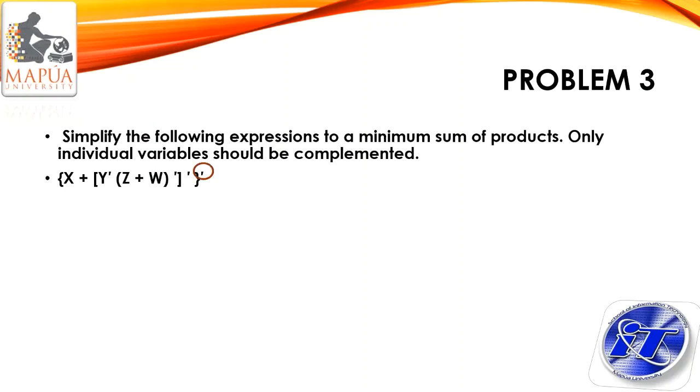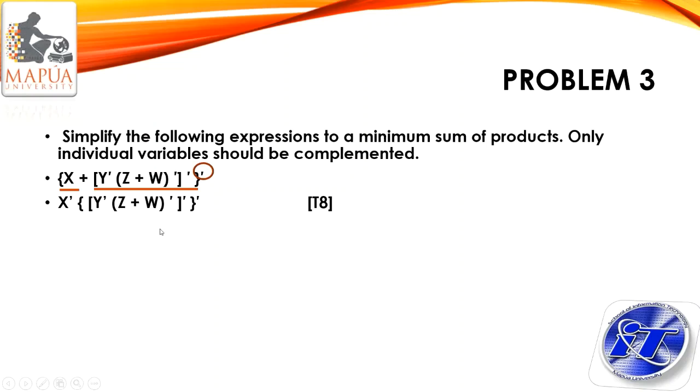So let's implement De Morgan's law on this level of negation. So therefore, our first term is x, and our second term will be this part of this equation. So, or will become and, copy, and then distribute the negation. So not for x and not for the second term.